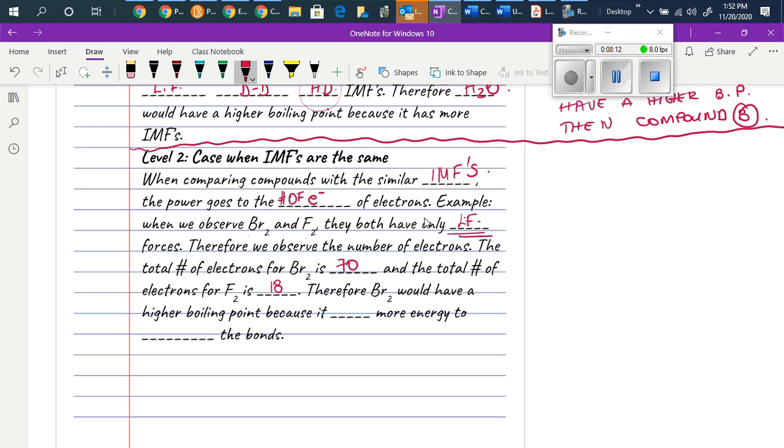So obviously, bringing boron to the boiling point will require more energy in order to break the bonds between them.